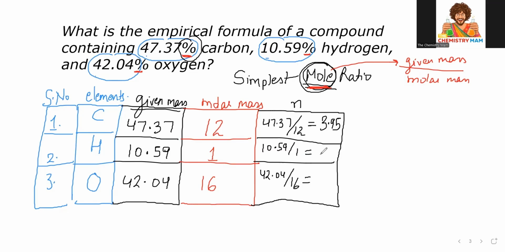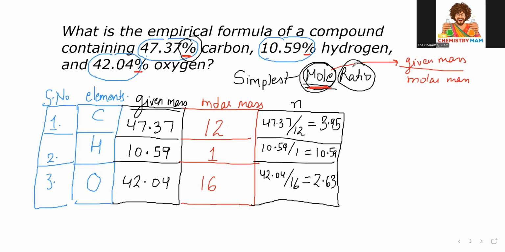Then 10.59 divided by 1, I don't need a calculator for it, I can simply write 10.59, my bad. And 42.04 divided by 16 gives me 2.63.